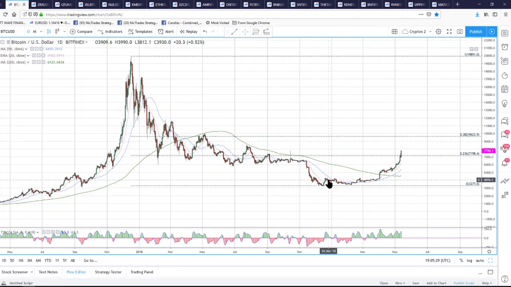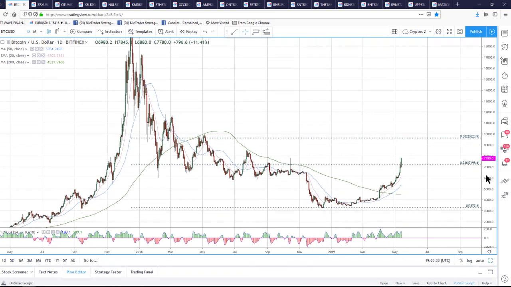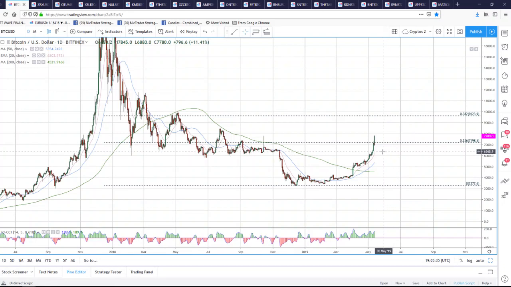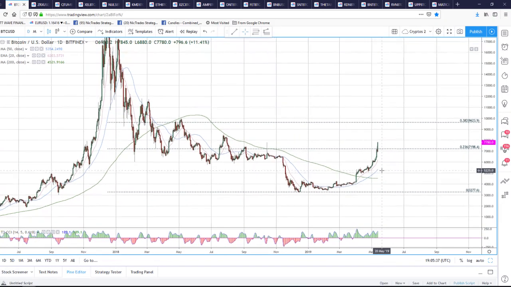So the downtrend is well and truly over in fib terms. And so by trading above this big 236 fib level, in Fibonacci terms, we definitely have a bottom. We are not going to see new lows from here until we go considerably higher first, if ever.